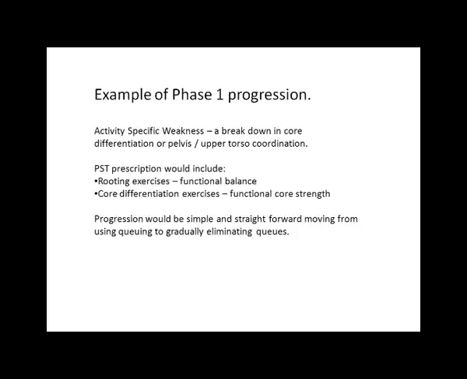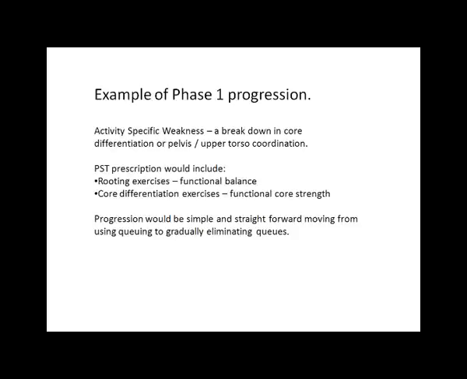The PST prescription then for this particular weakness would, for example, include rooting exercises, which would really be our functional balance exercises. So you can go in the gym and work on all kinds of balance-based exercise, but not be able to use your quote-unquote balance to produce functional movement patterns with the legs. In other words, create ground reaction forces that produce certain torque patterns or force patterns that essentially move the pelvis in rotation, whether it be on the bike or on the gym floor, on the grass, or whatever it might be.